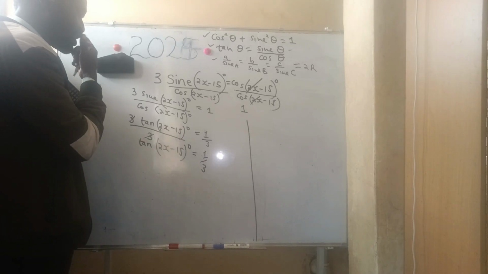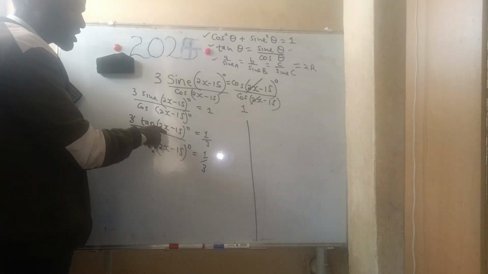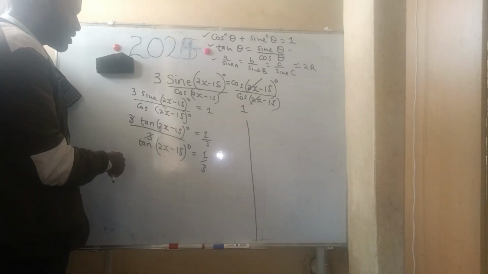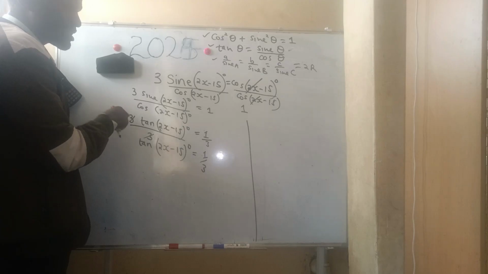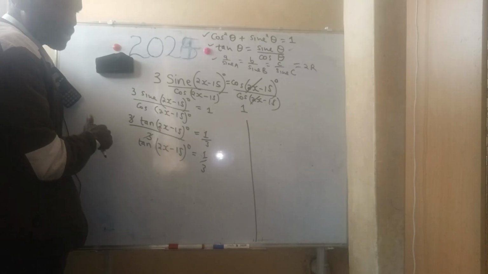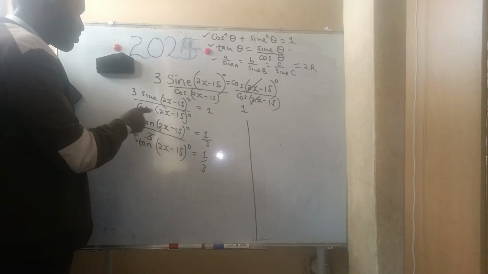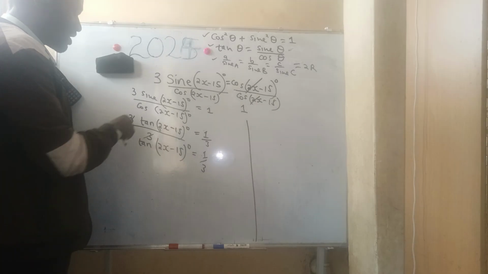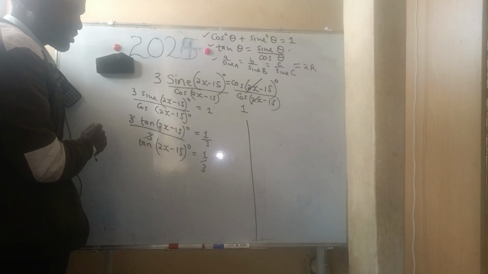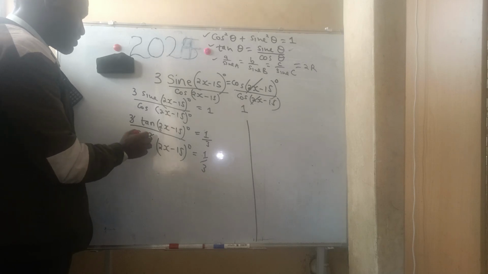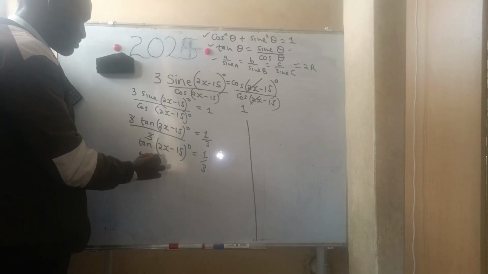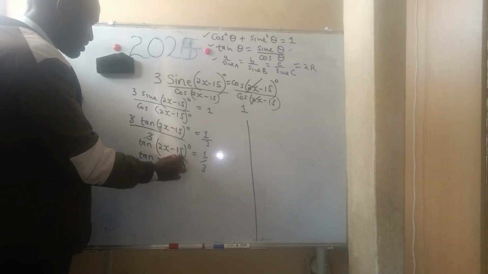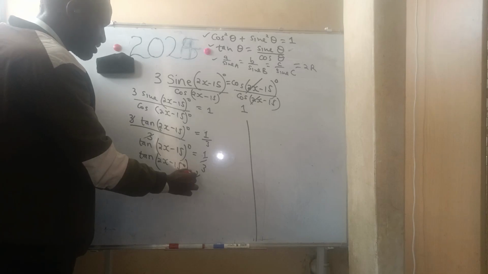In any case, when you want to get the value of a particular angle in brackets, and there is a coefficient just beside this trigonometric function, divide all through by that coefficient. Make that trigonometric function have a coefficient of 1. So that means we have tan (2x minus 15) is equal to a third.